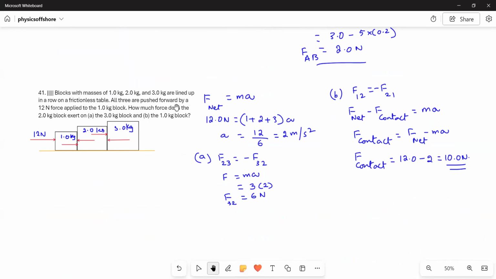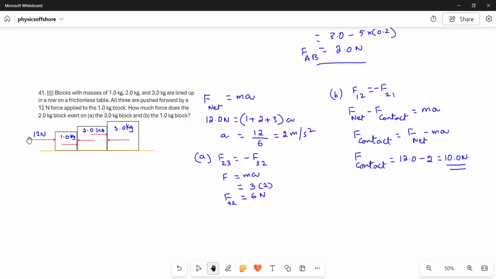All three are pushed forward by a 12 Newton force applied to the 1 kg block. How much force does the 2 kg block exert on the 3 kg block and 1 kg block? Now we have to find out the contact force between the 1 kg block and 2 kg block and 2 kg block and 3 kg block.